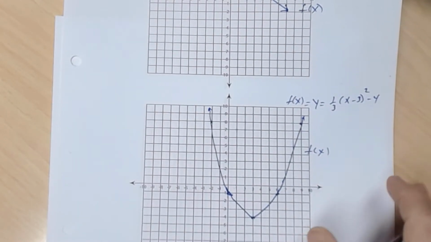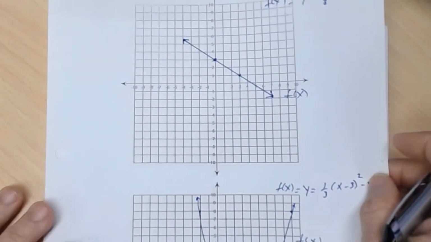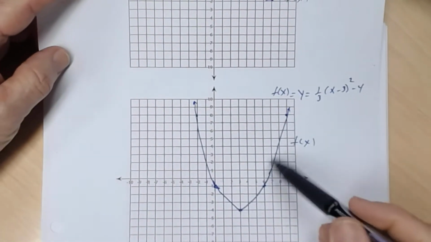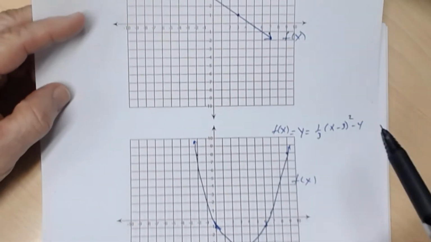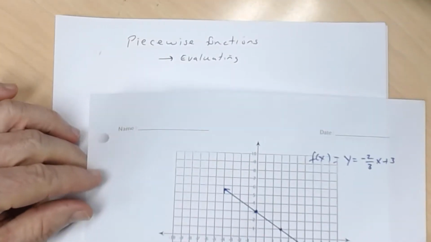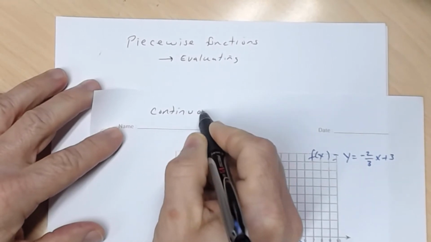Okay, now let's talk about the fact that both of these functions, the linear function and the quadratic function, are continuous functions. I'm using the word continuous, C-O-N-T-I-N-U-O-U-S.